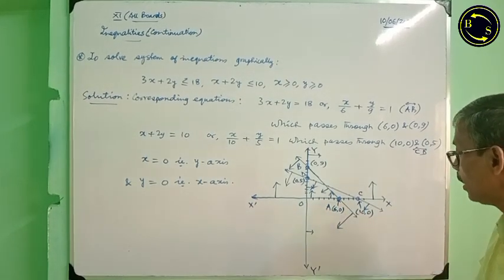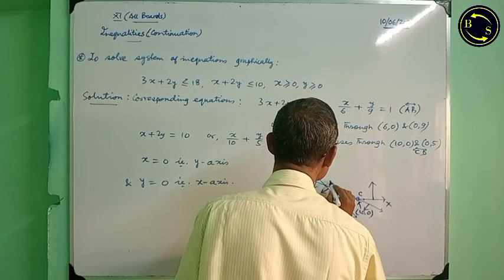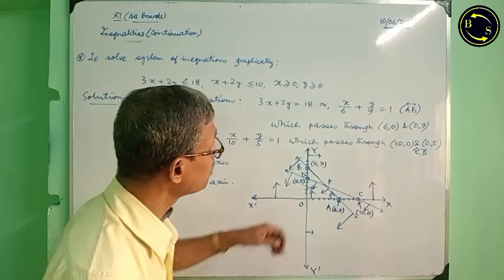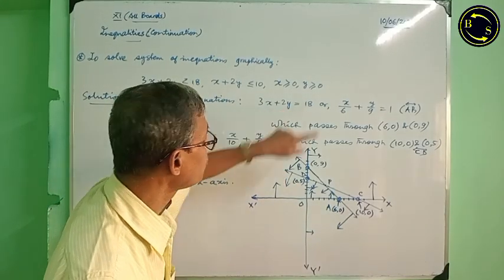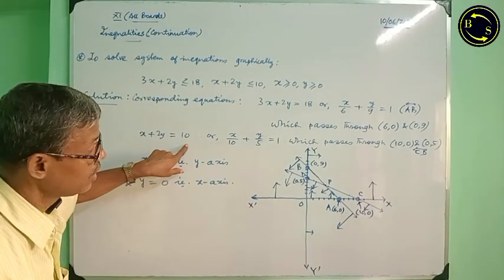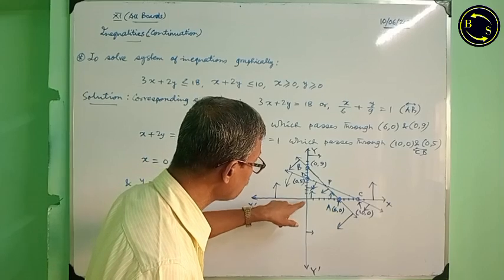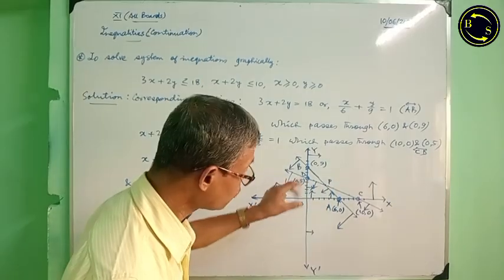Now if I name this point as P, which is the point of intersection of the two straight lines 3x plus 2y is equal to 18 and x plus 2y is equal to 10, then the common solution region is the closed region O, A, P, D, O.